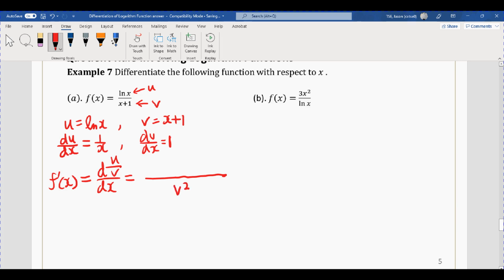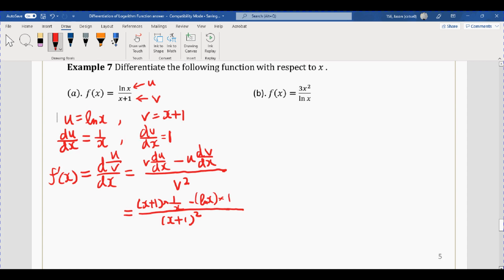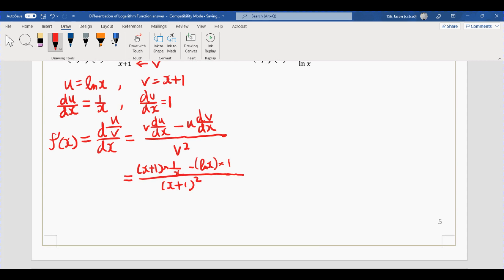It's v squared, and remember, you always need to differentiate that u first, and then take away, you swap that around. So v squared is just (x+1) squared. Your v is x+1, and your du over dx is just 1 over x, minus u, which is log x. I better put a bracket here. dv over dx is just times 1.